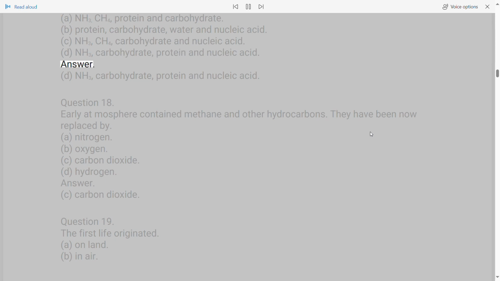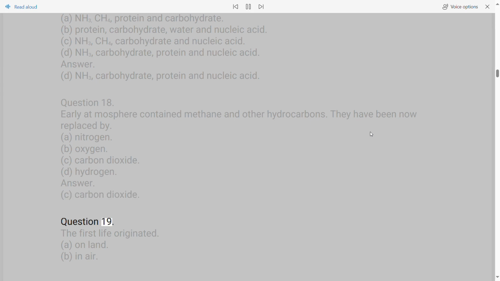Answer. D. NH3, carbohydrate, protein and nucleic acid. Question 18. Early atmosphere contained methane and other hydrocarbons. They have been now replaced by A. Nitrogen. B. Oxygen. C. Carbon dioxide. D. Hydrogen. Answer. C. Carbon dioxide.